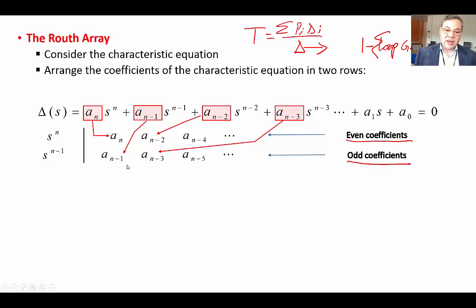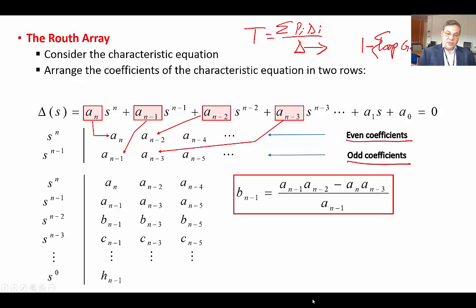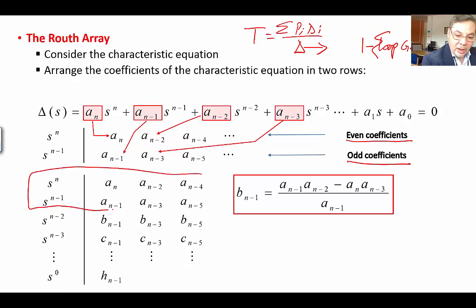From there on, I can construct the rest of the array. How? Remember, these first two rows I got from the characteristic equation of the system.